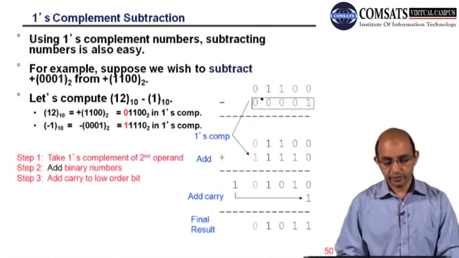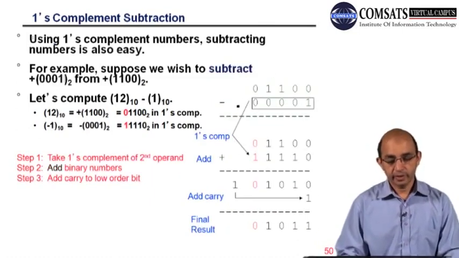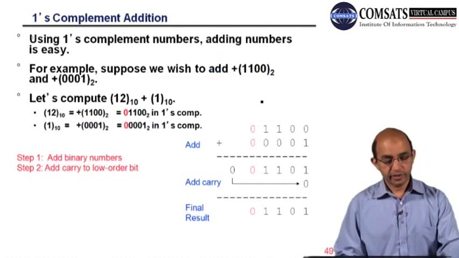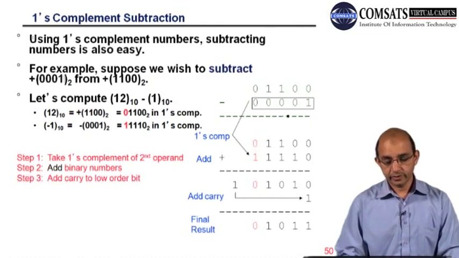Now subtraction by using 1's complement. For a negative number we will take the complement. Here we don't have any negative number, so 0 1 1 0 0, and you can see we have -1, so we take the complement of this one.